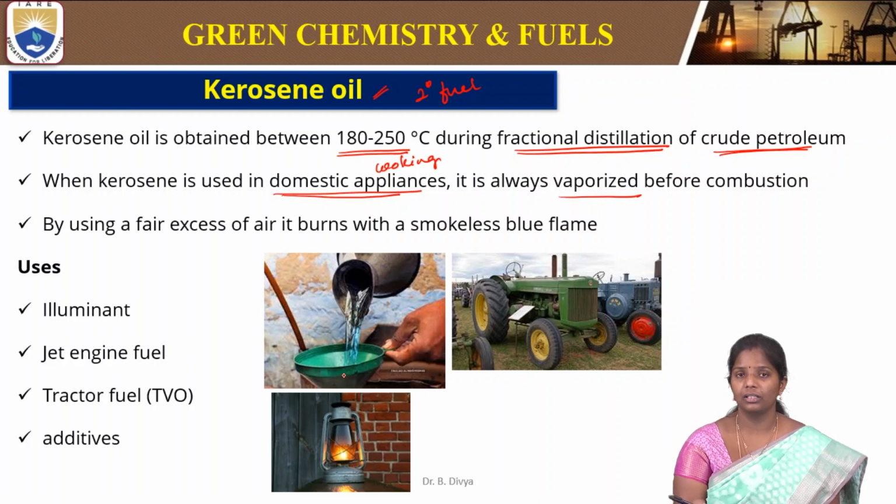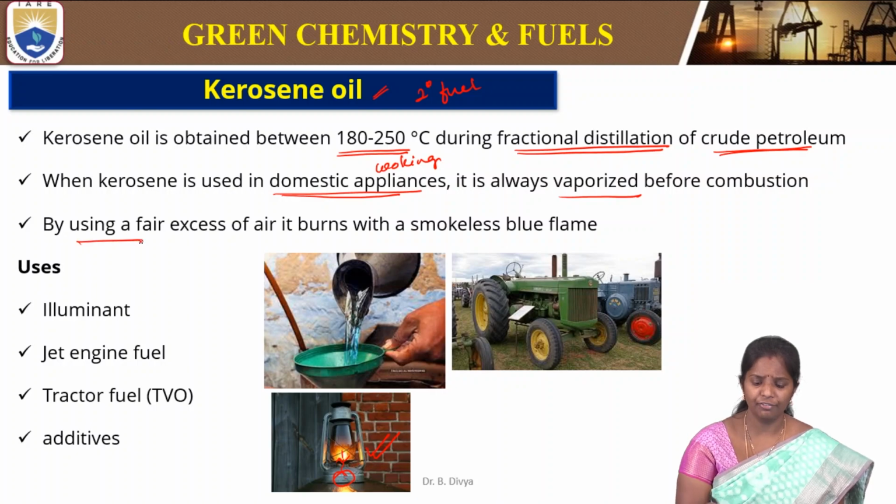For example, for lamp purposes, if we use kerosene, the wick present in between will be soaked with the oil that is present in the container, and then only the combustion takes place. Without vaporizing, the wick has no capacity to burn. So that is the best example where we can consider that only the fumes make it flammable.